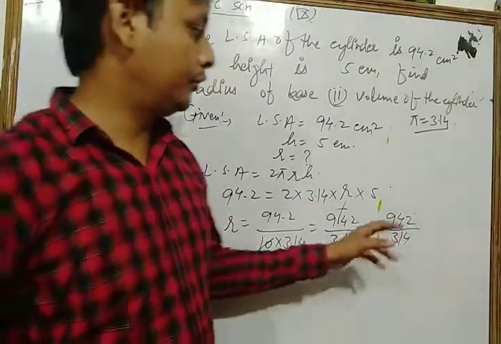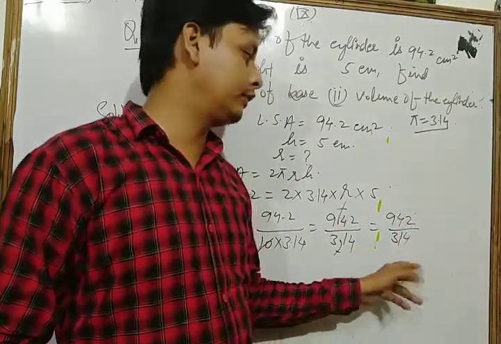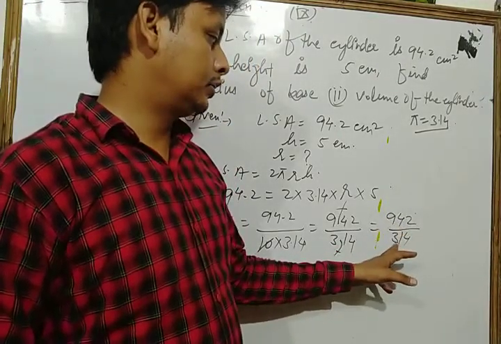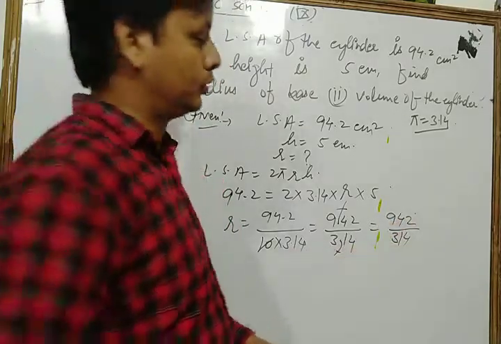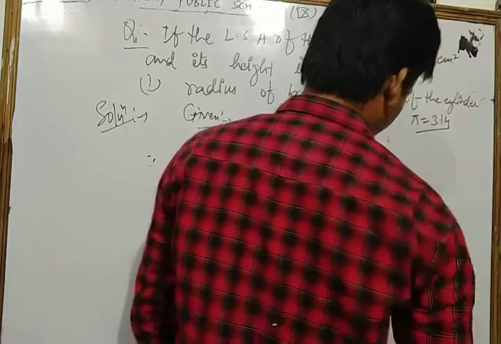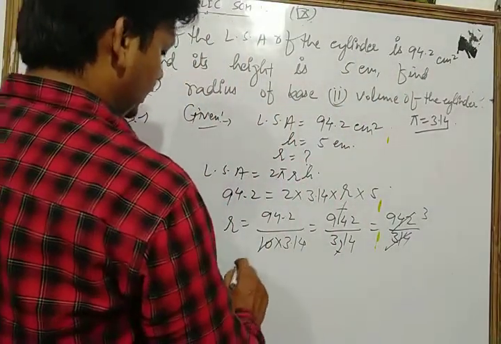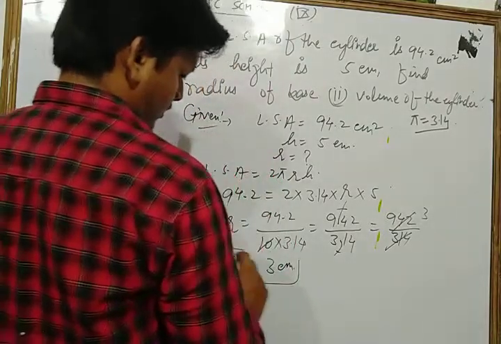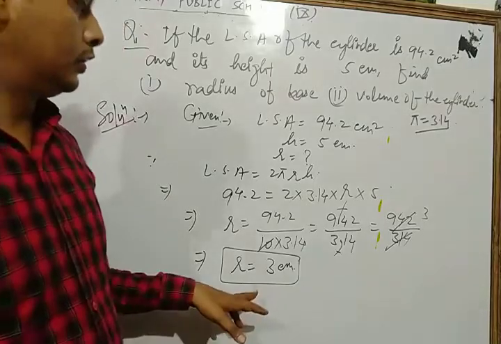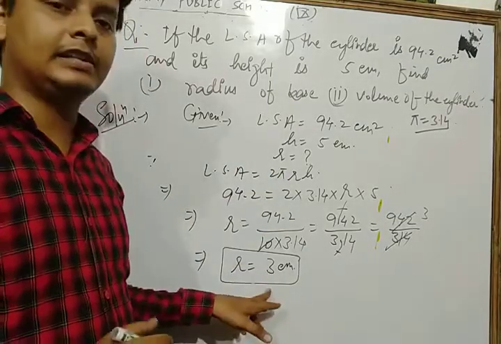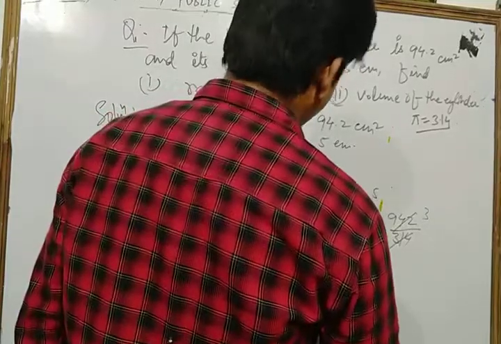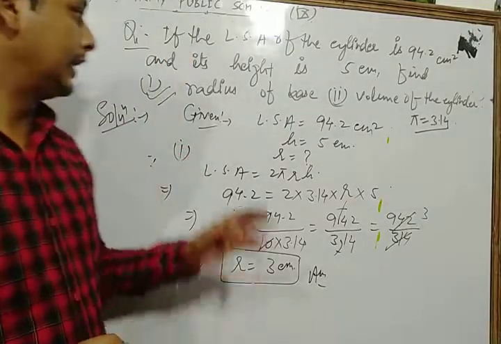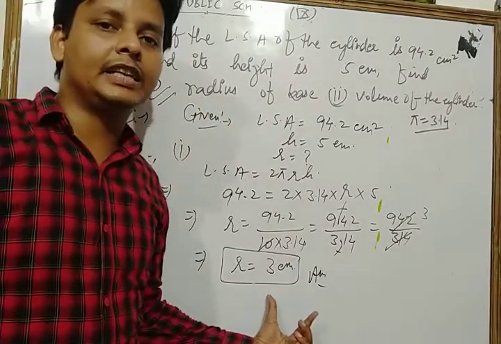Now if we divide 942 by 314, we get 3, 3 times 314 is 942. So the radius of the base of the cylinder is 3 centimeter. This is your one answer. Here first part is solved.